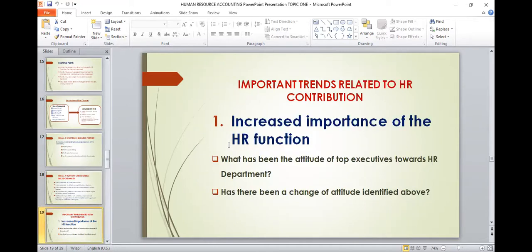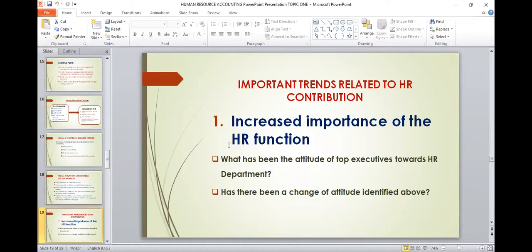So in connection with what we've just been discussing, there are a lot of human resource trends that have been happening within the business environments. These trends have impacted positively to some extent and also negatively to some extent.